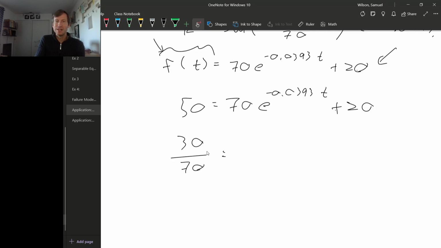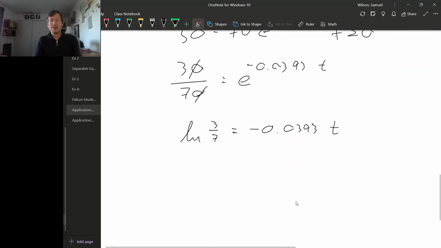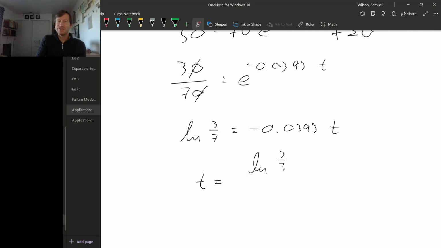We get 3 over 7 equals e to the negative 0.0393 t. Then we take natural logs: natural log of 3 over 7 is negative 0.0393 t. So t is natural log of 3 over 7 over negative 0.0393.